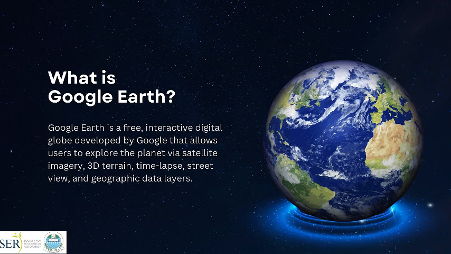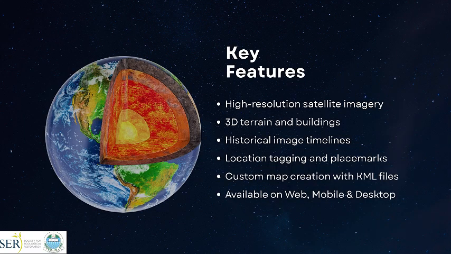So the next slide, I'll be talking on the key features of Google Earth. Like I've explained what Google Earth is, you can't understand Google Earth if you do not understand these key features. Although when I was defining what Google Earth is, I actually mentioned some of these key features. If you remember vividly, I mentioned they have good high resolutions.